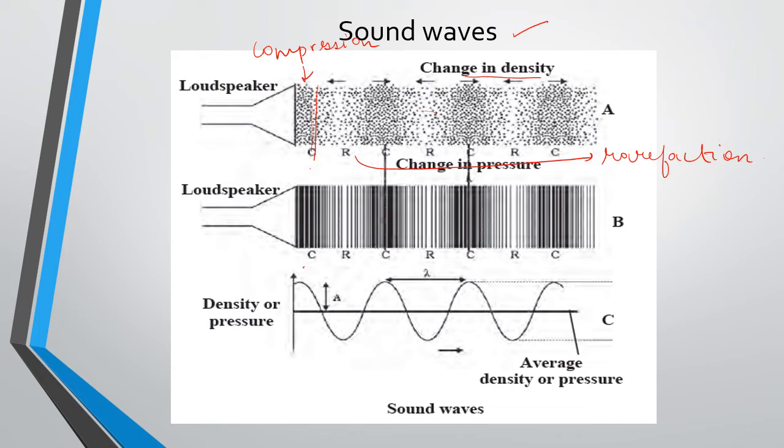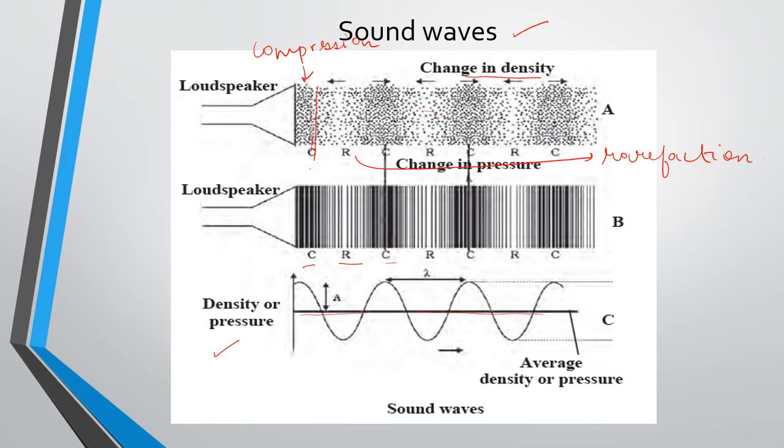In the case of pressure, this is how it occurs. The particles are together, again far apart. C represents compression, and R represents rarefaction. If you have to draw a graph for this, this is the mean position. Initially the density would be high, then low, then again high, then again low, then again high, then again low.